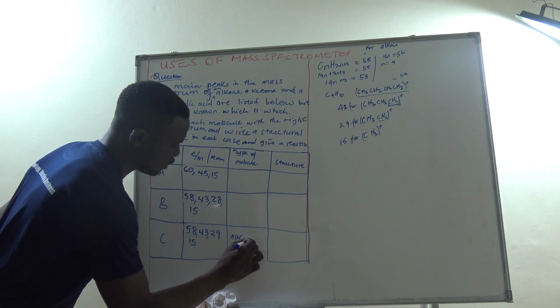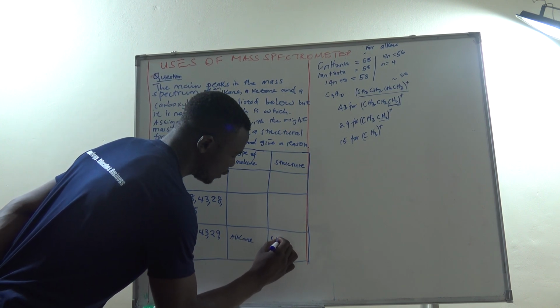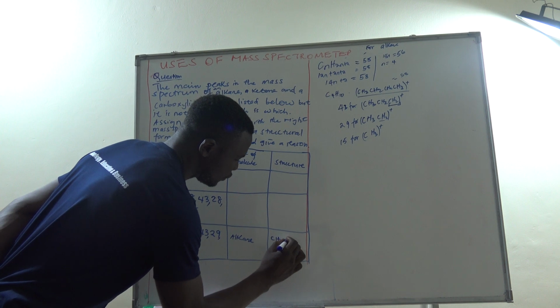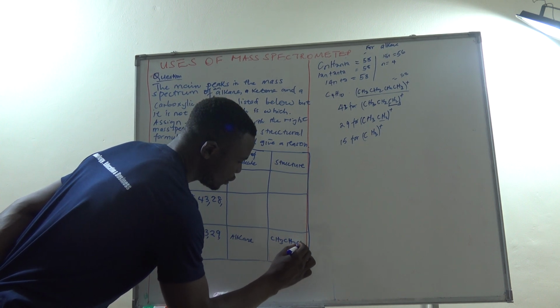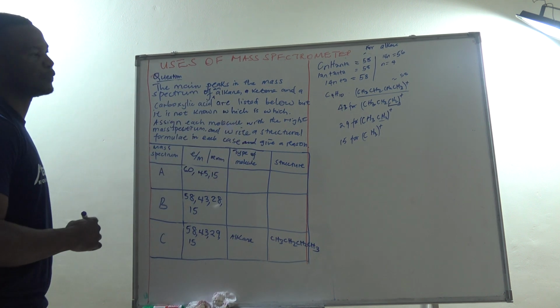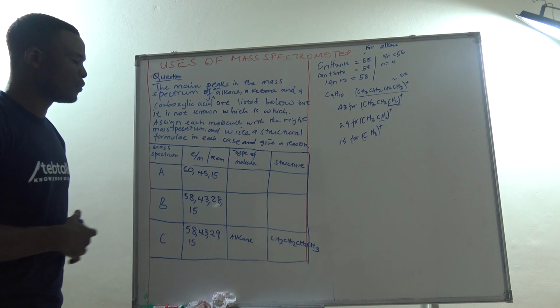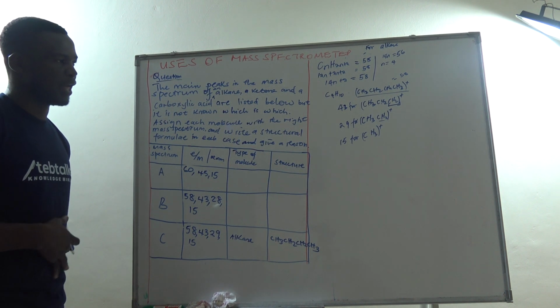The alkane. And what is the structure? This is CH3, CH2, CH2, CH3. Okay? So they say we should give a reason for that.